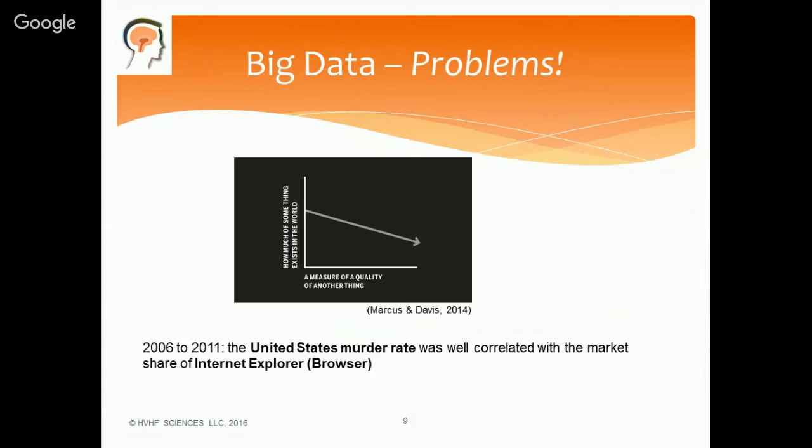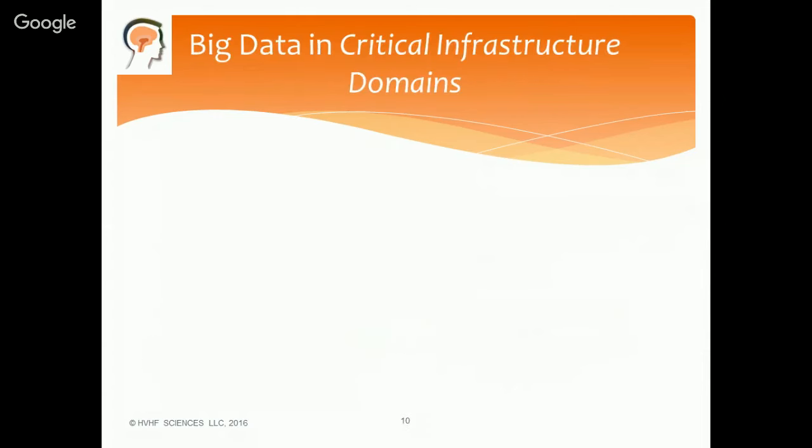If you look at the data between 2006 and 2011, it shows a positive correlation between the murder rate in the United States and the market share of the browser software Internet Explorer. So with the sales of Internet Explorer going up, the murder rate too went up. It makes one wonder what the correlation is here. Probably there is none at all. But data is data. Just raw data can lead to such spurious conclusions.